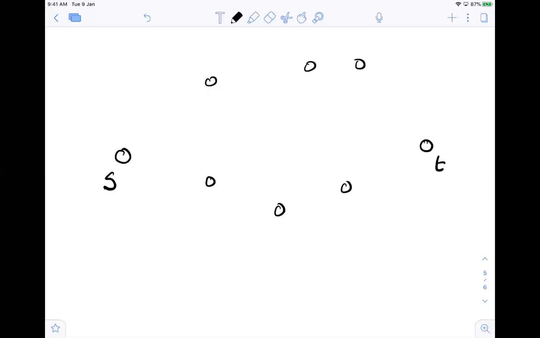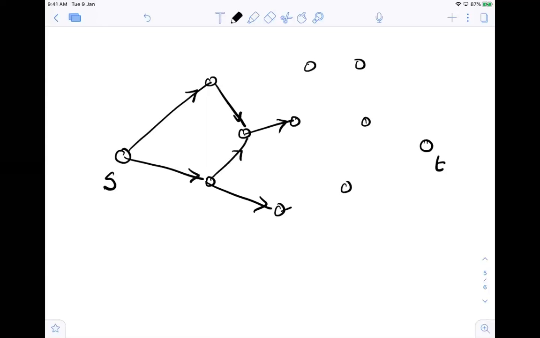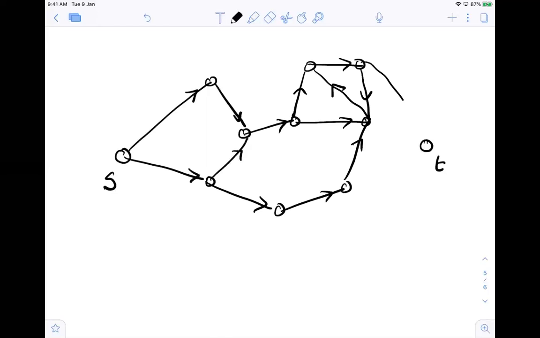So what is a network flow problem? In the network flow problem, you have a start state and a finishing state, a start and a finish. And there are a lot of vertices, they are nodes, and there are edges between this set of vertices, something like this.